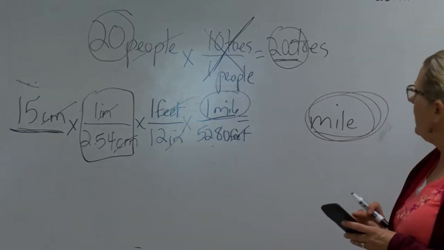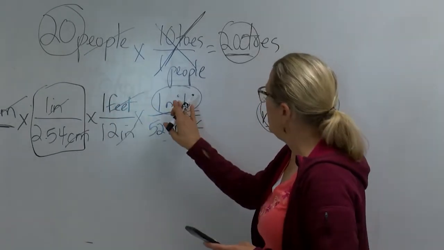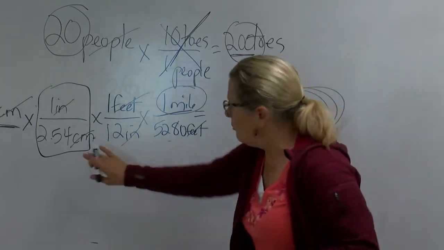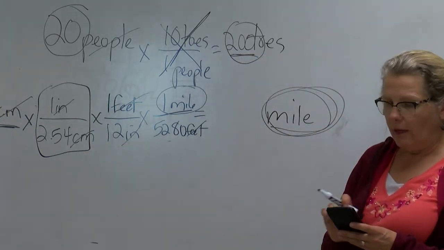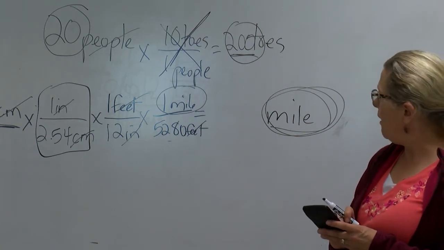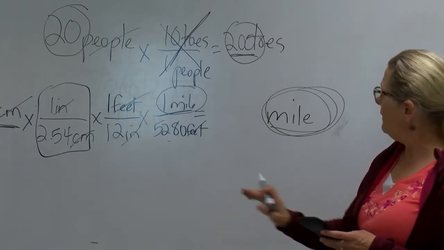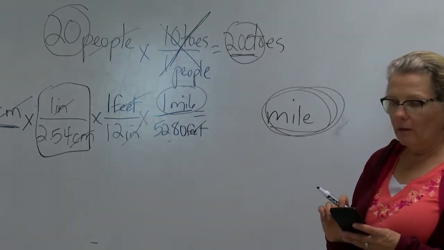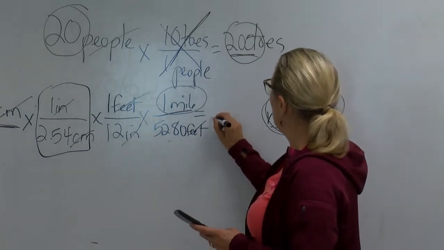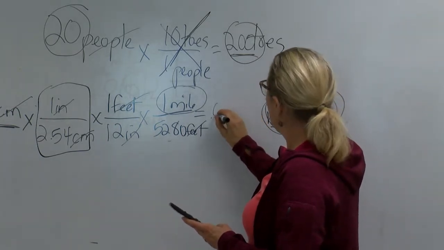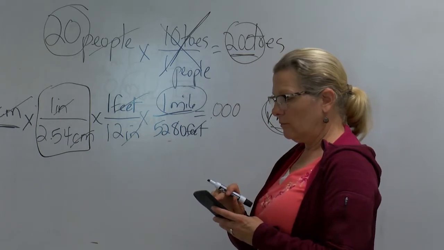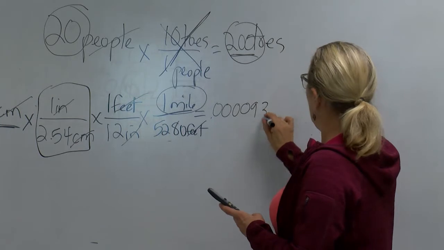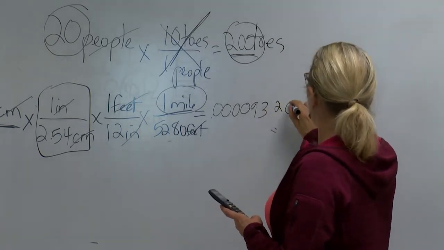So 15 times 1 times 1 times 1, okay, divided by 2.54, and divide that by 12, and divide that by 5280. We come up with this as an answer, 0.000, 4 zeros, 93206 miles.